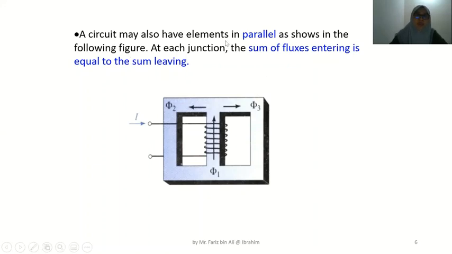A circuit may have elements in parallel, as shown in the figure below. At each junction, the sum of fluxes entering is equal to the sum of fluxes leaving.